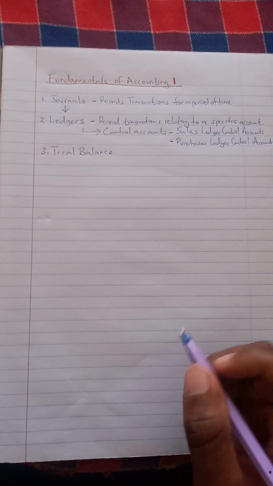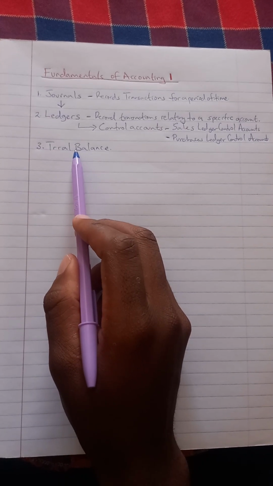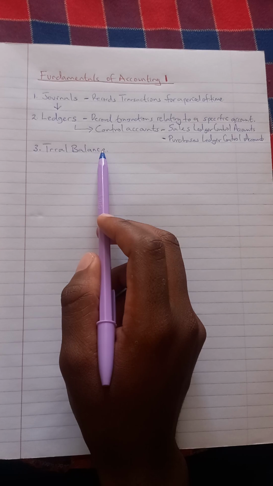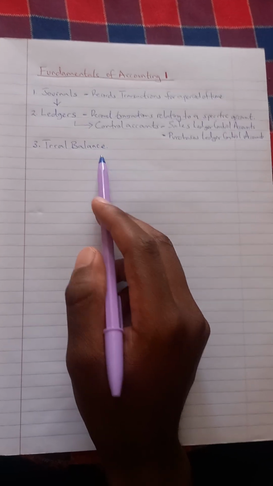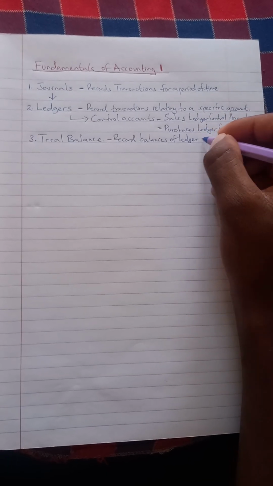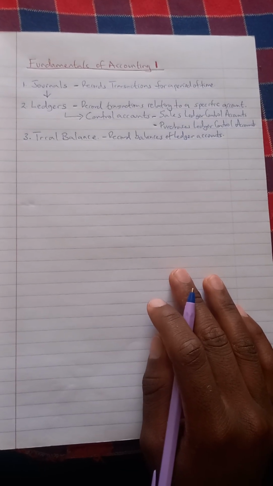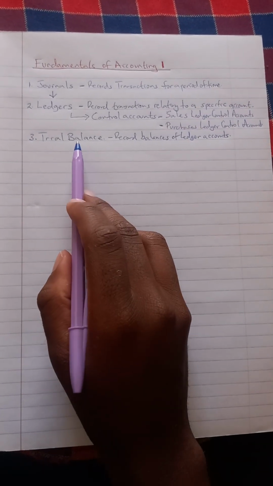Now, take note of these two words. The aspect of balance is in two ways. Number one, we are recording balances of the ledger accounts. So that is why this is called a trial balance.